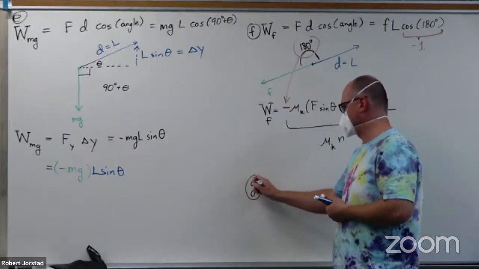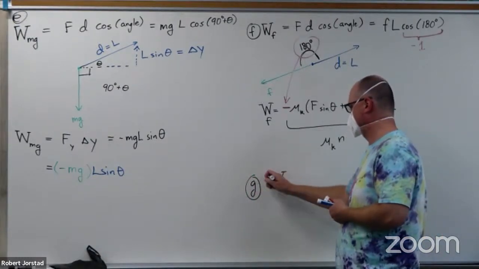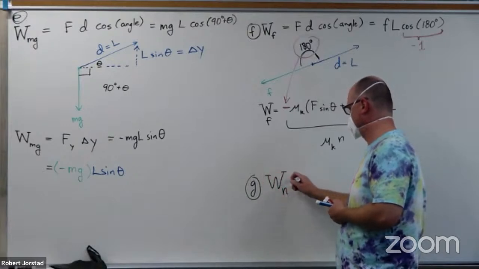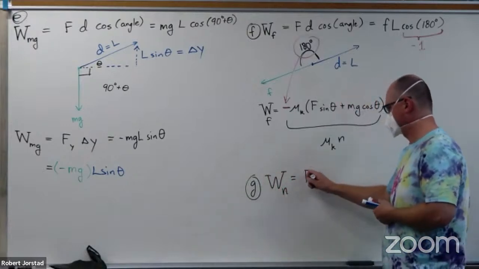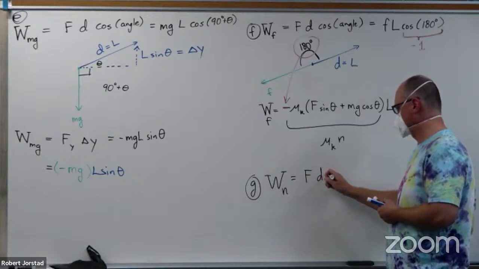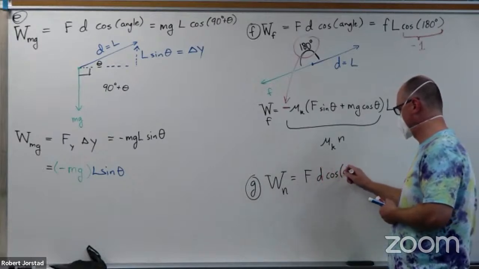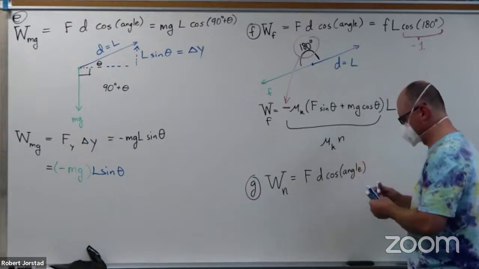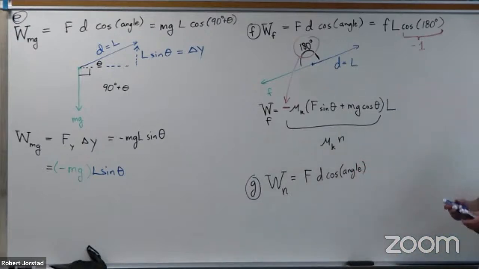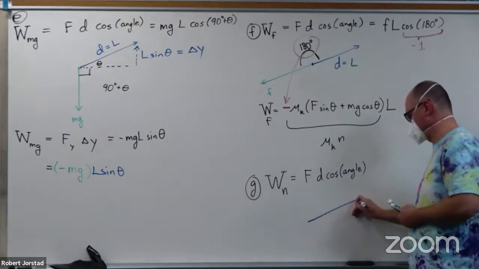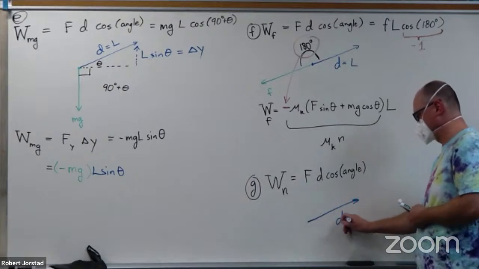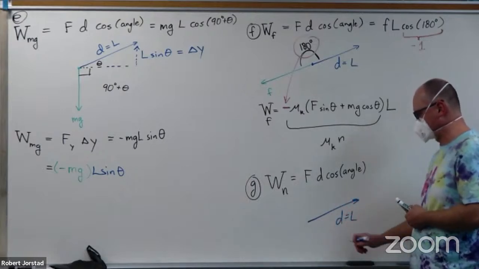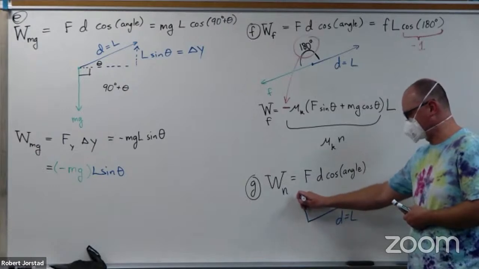Part G, the work done by the normal force. Well, displacing this direction, D or L or whatever you want to call it, the normal force is perpendicular to the plane.